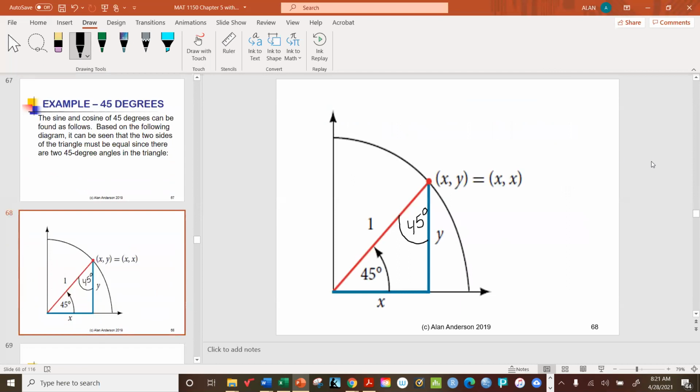Now, you recall that a triangle has 180 degrees. And this clearly is a right angle, which means 90.